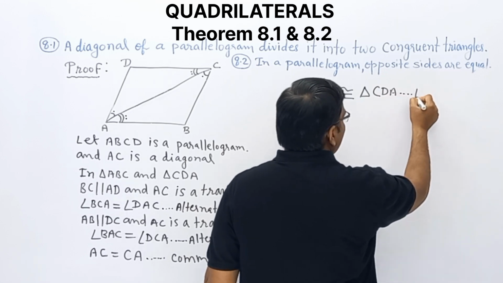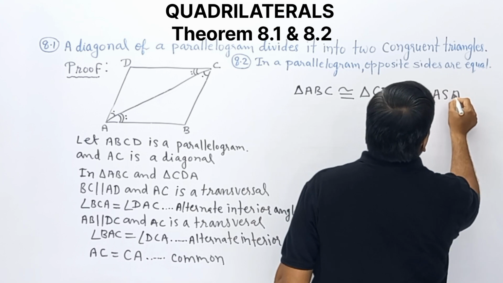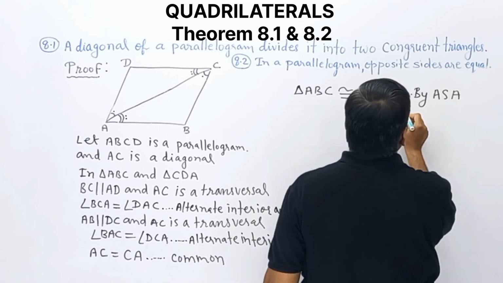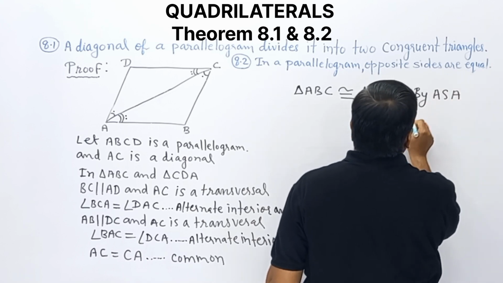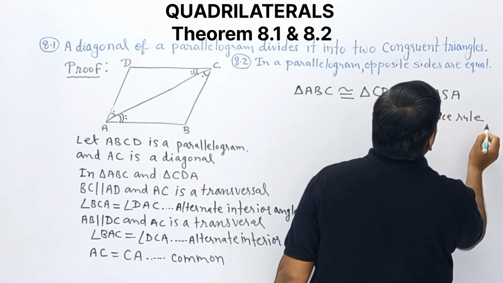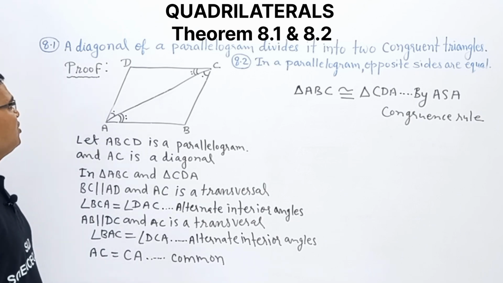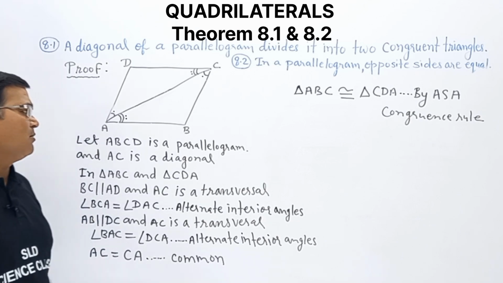Why? By angle side angle congruence rule, these two triangles are congruent.